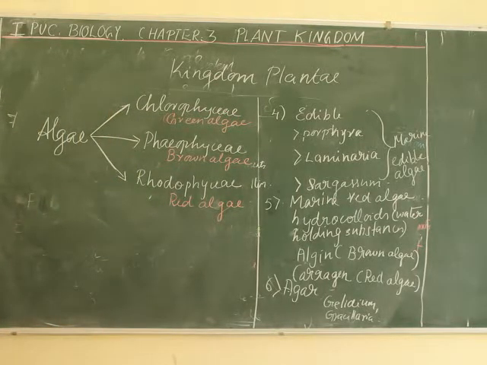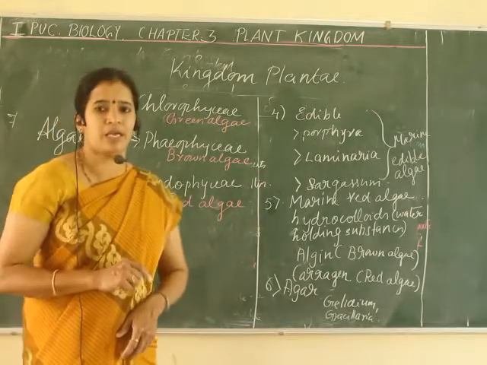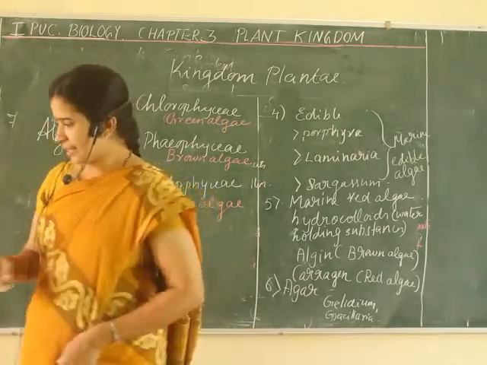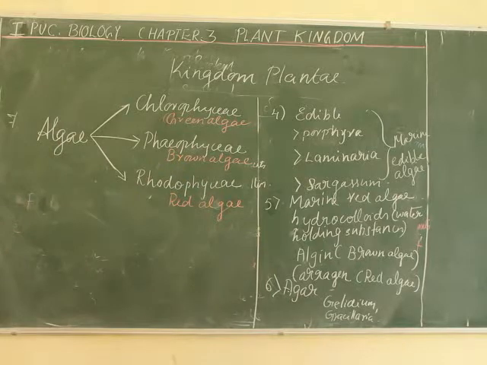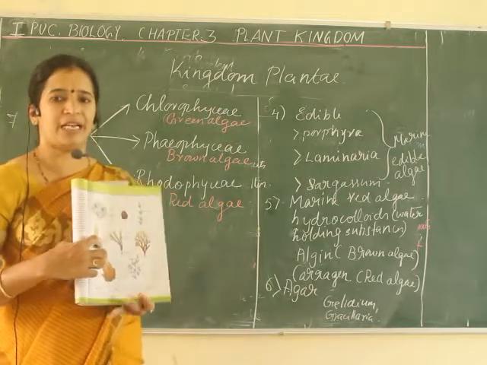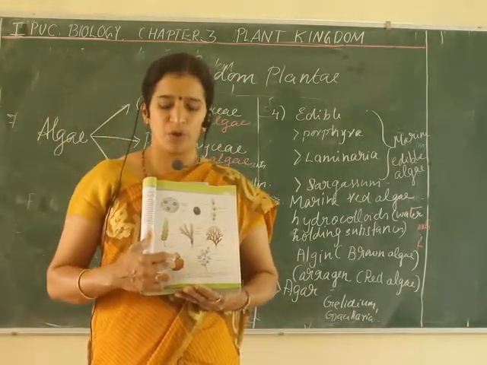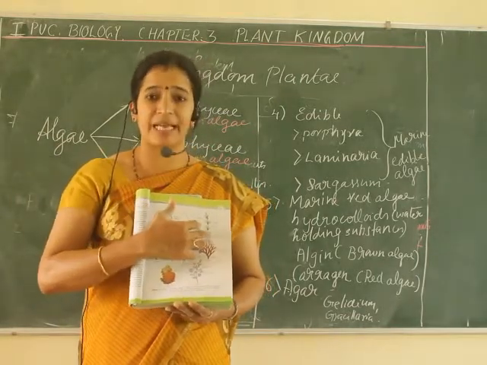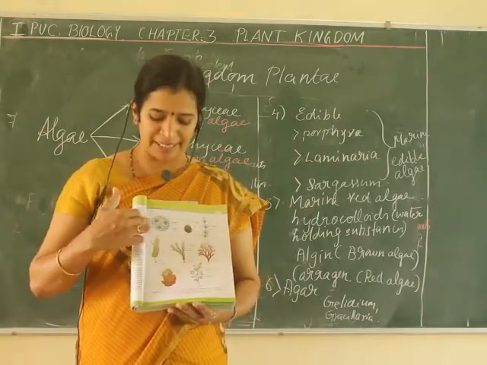So from now on, let us understand each class in detail. One more thing: in your textbook there is already one diagram I have shown you. You have to draw this diagram in your notebook while writing each class, below the features.